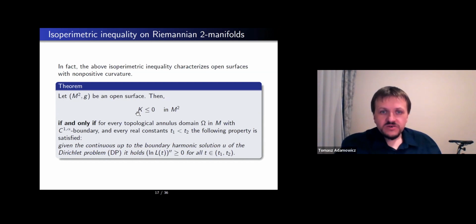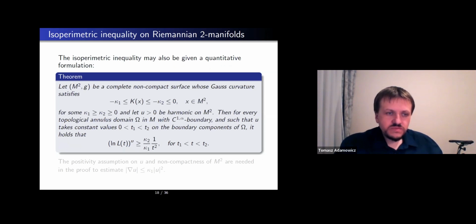Because if M is an open surface and K, the Gaussian curvature, is non-positive on that surface, then for every topological annulus and solution of the Dirichlet problem with constant boundary data, we have the isoperimetric inequality. This is what we proved, but also the opposite: if this property of isoperimetric inequality holds for any topological annulus, then this implies that the Gaussian curvature must be non-positive in M.